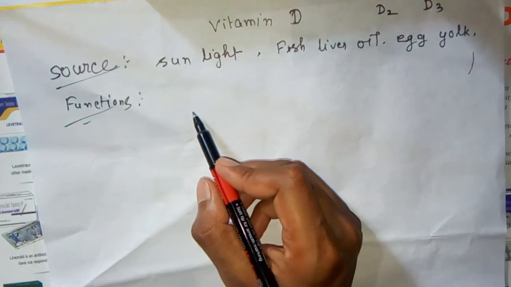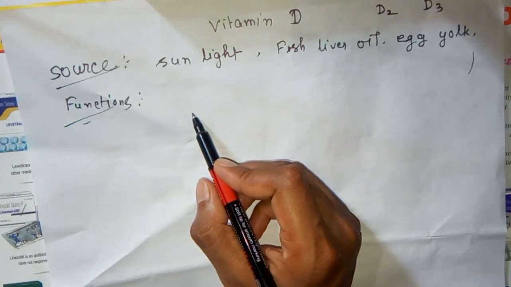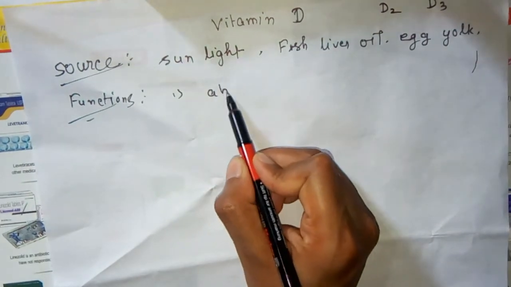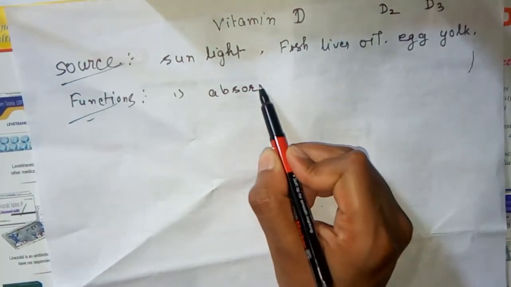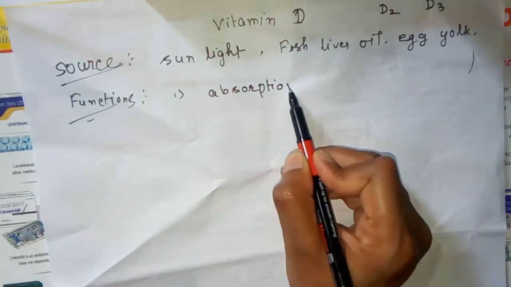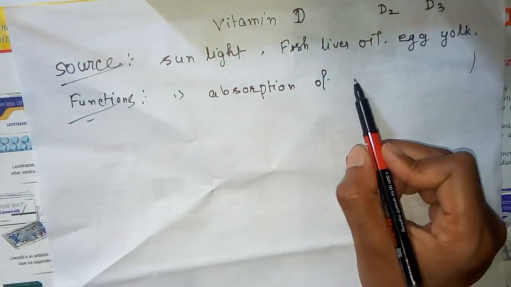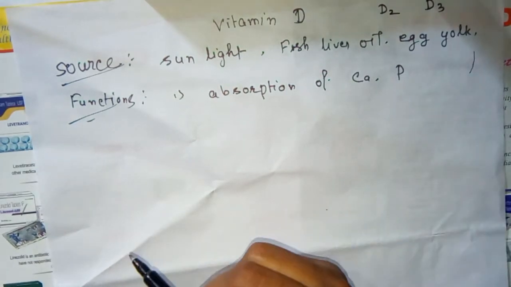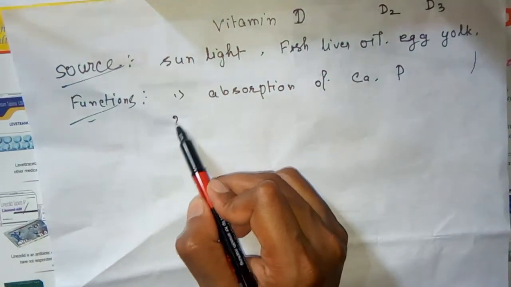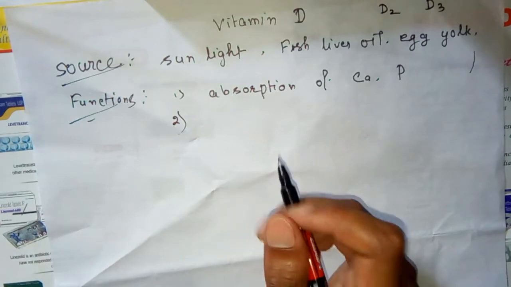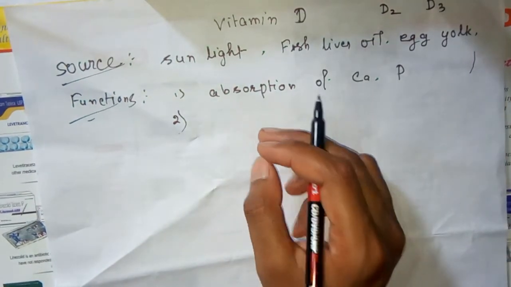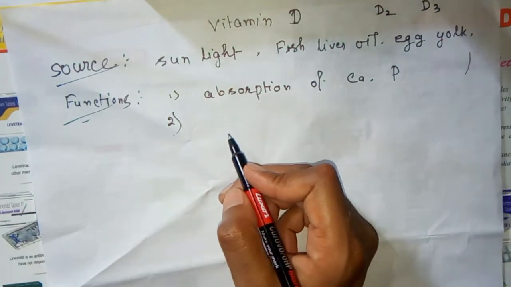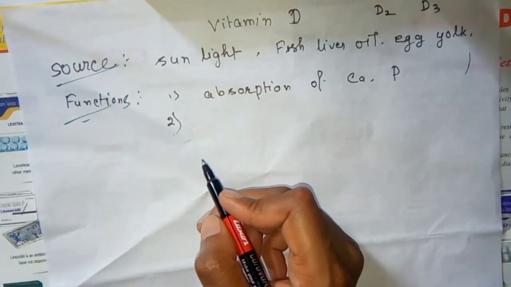Absorption, number one, is absorption of calcium and phosphorus. Function number two is that it increases the calcification of bones in children and adults.